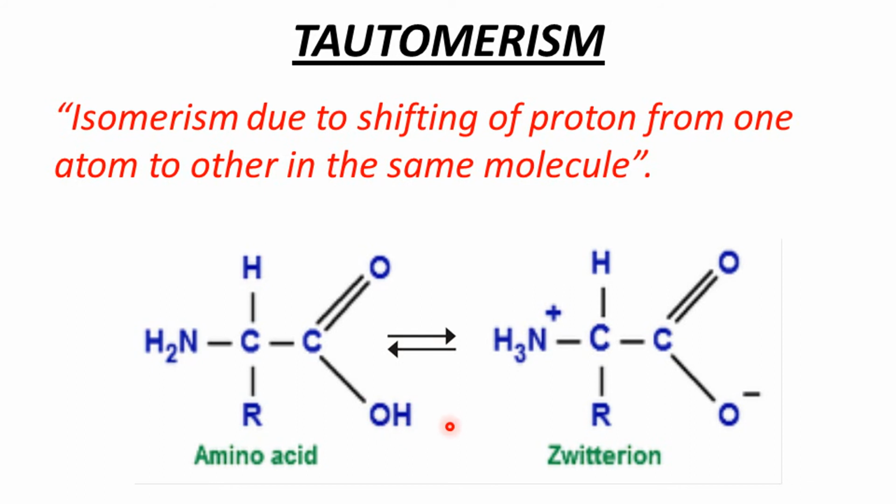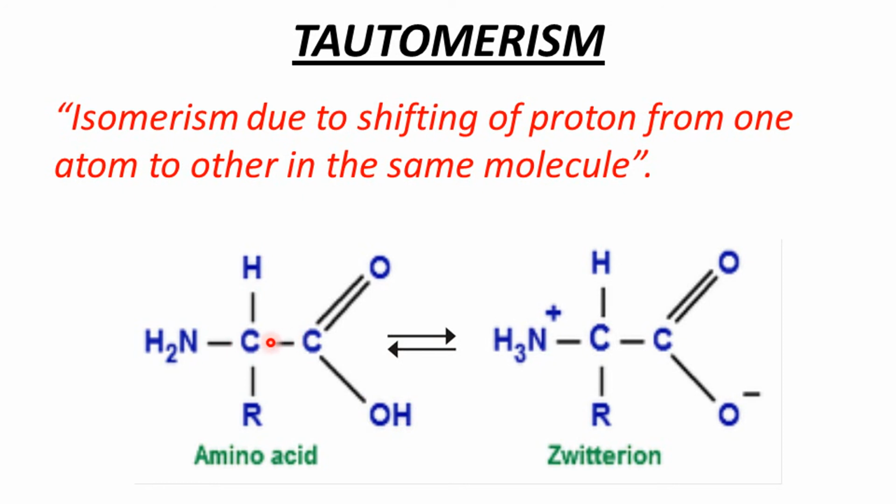Tautomerism. Sometimes we have seen that isomerism exists in molecules, but it can also exist in ions. For example, in the case of amino acids, as you have already read in biology, amino acids make proteins.